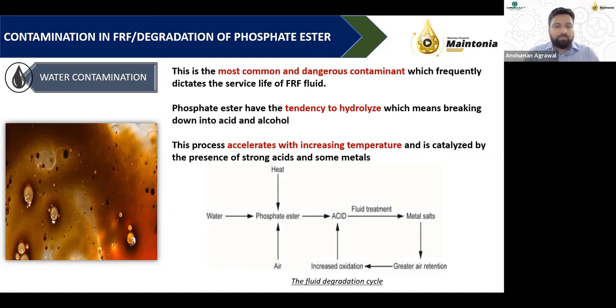These phosphate ester bonds are broken, and those bonds are replaced with H plus ions. Because of that, the phosphate ester gradually converts into phosphoric acid. We all know phosphoric acid is a very strong acid, and this acid can create havoc in your system. It will lead to corrosion.